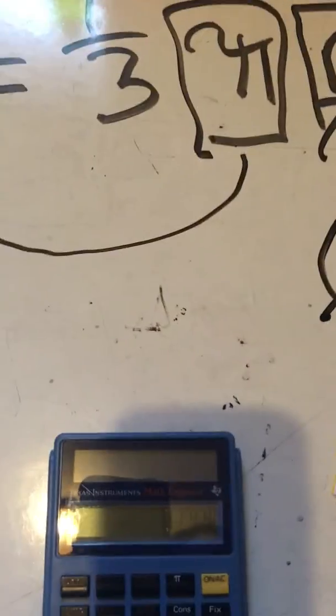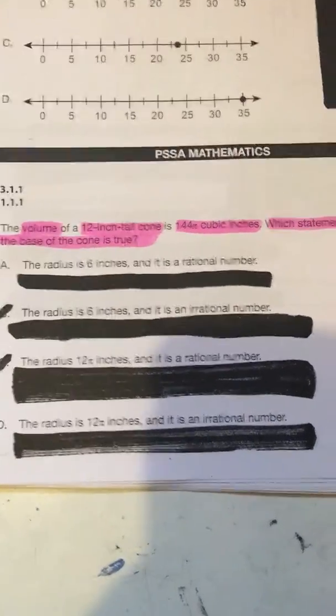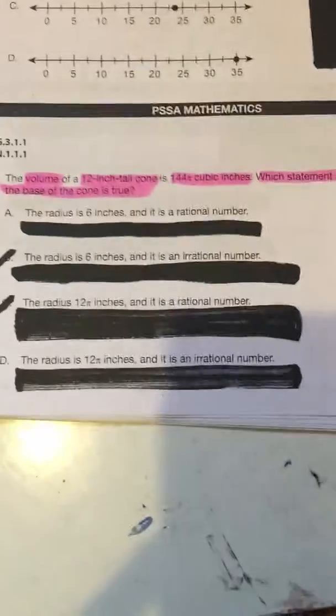Our answer is 144. 144 matches 144. Our option for A is the radius is 6 inches and it is a rational number. That's looking like a good one.